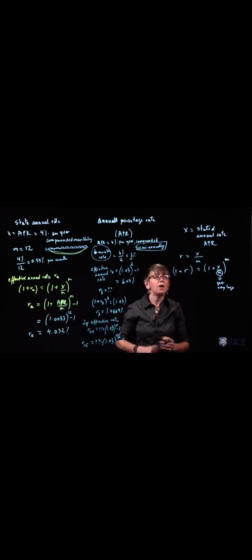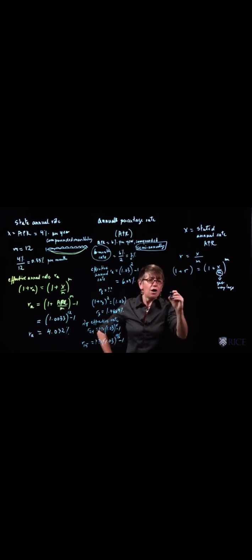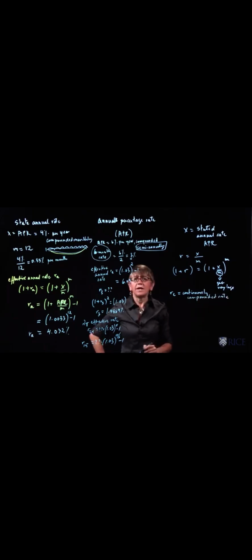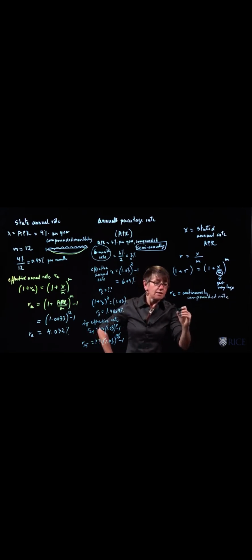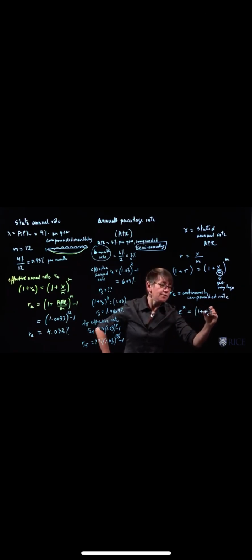Turns out, as m gets very large, letting RC be the continuously compounded rate, e to the x turns out to be 1 plus RC.